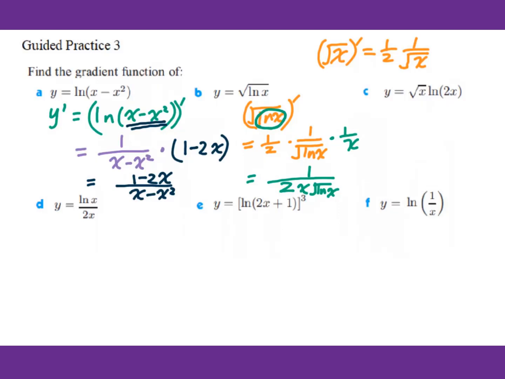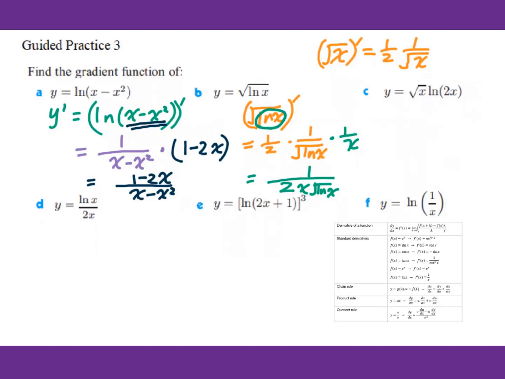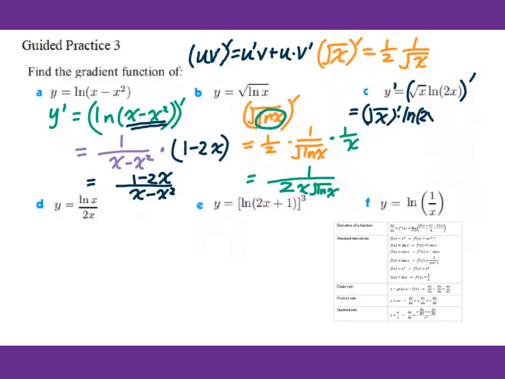For this c, you have to use the product rule of a derivative. That is the derivative of uv, which is the derivative of u times v plus u times the derivative of v. Therefore, you will get the derivative of square root of x times the natural log of 2x, plus square root of x times the derivative of natural log of 2x. The derivative of square root of x will be 1/2 times 1 over square root of x, times the natural log of 2x.